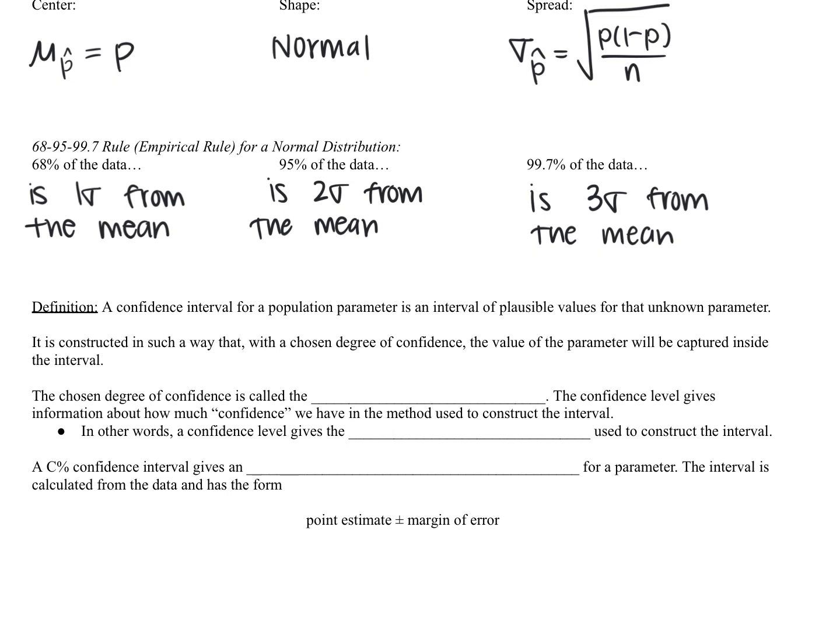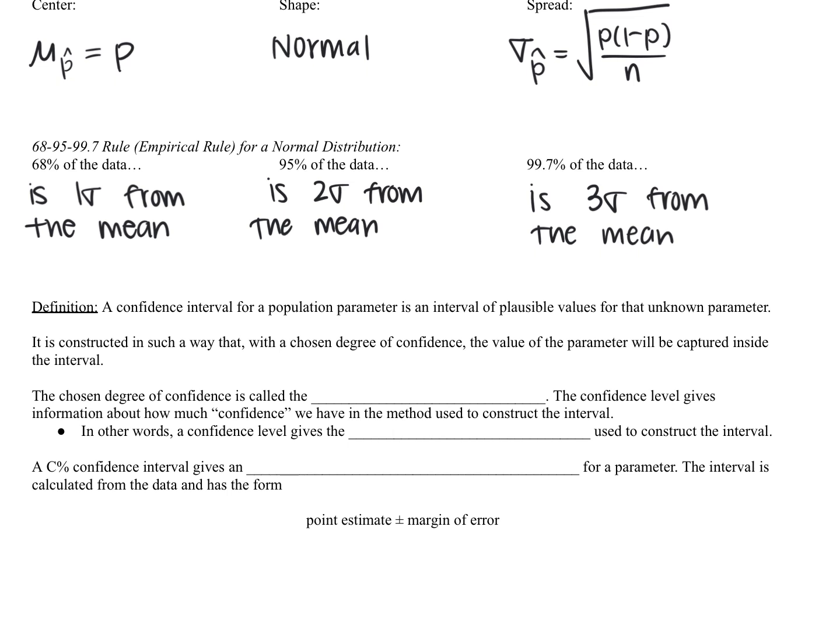As I already said, a confidence interval is an interval of plausible values for your unknown population parameter. The way we construct a confidence interval is we use a chosen degree of confidence so that our parameter will be captured inside that interval. There's no way for us to know for sure that the population parameter is actually in that interval, but we'll talk about how choosing your level of confidence affects it.